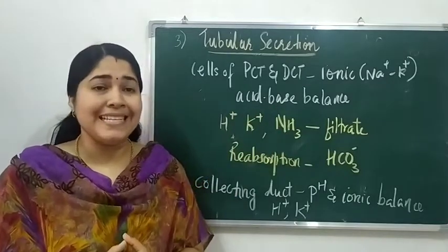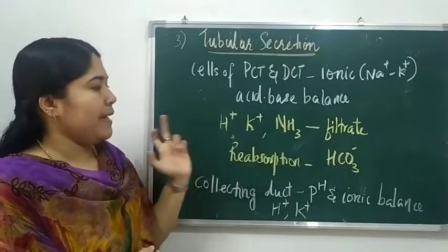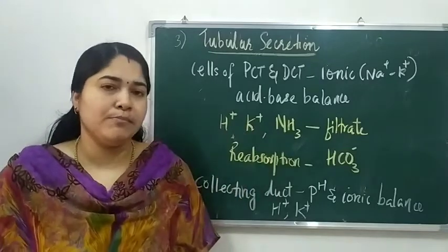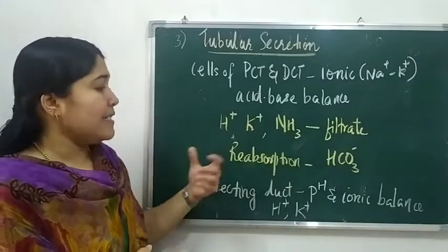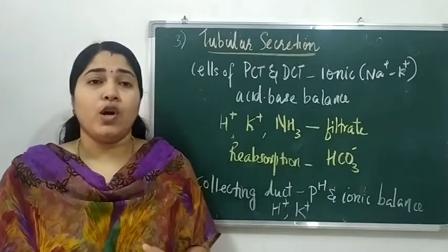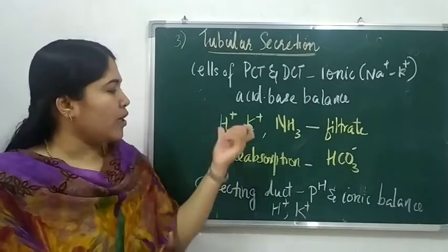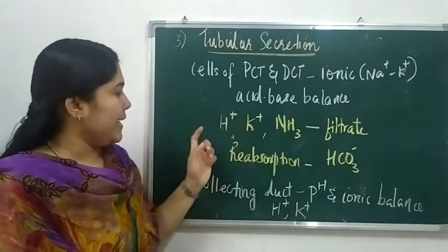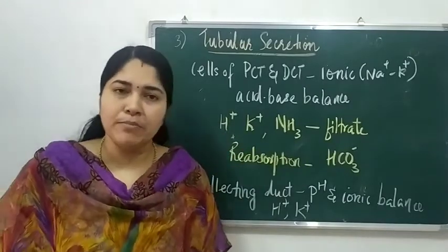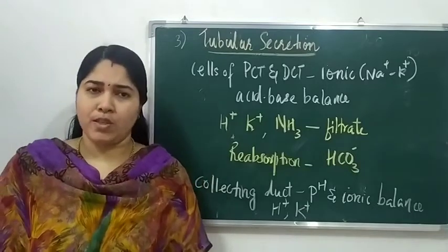It is maintained by secreting H+, K+, ammonia etc. out from the filtrate, as well as the reabsorption of bicarbonate ions. So tubular secretion means secreting out. The components secreted are H+, K+, ammonia, and bicarbonate ions are reabsorbed.